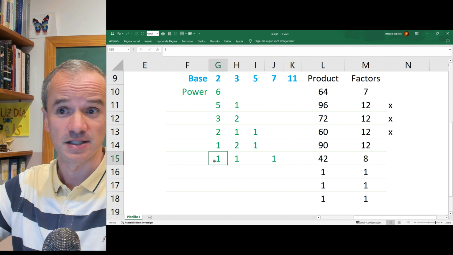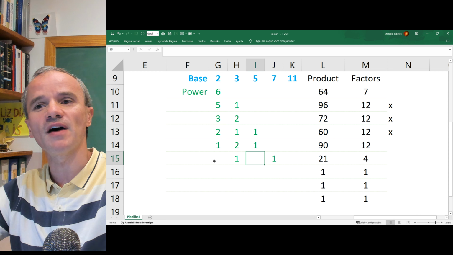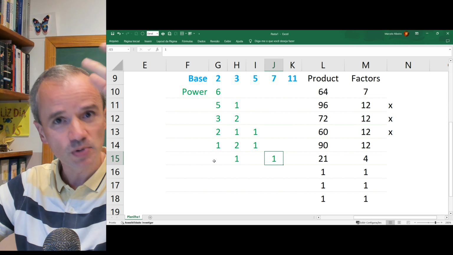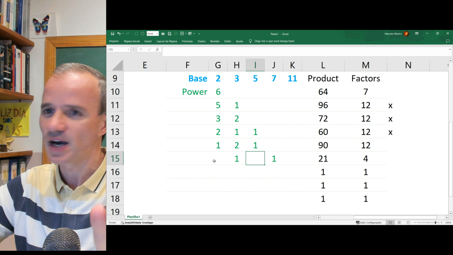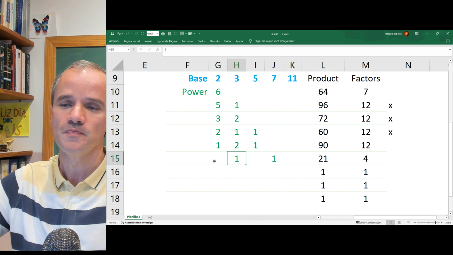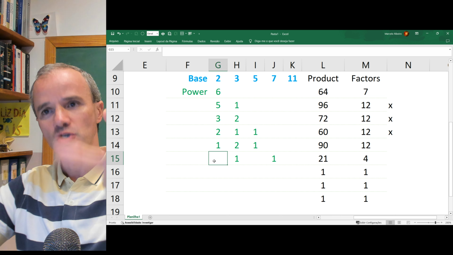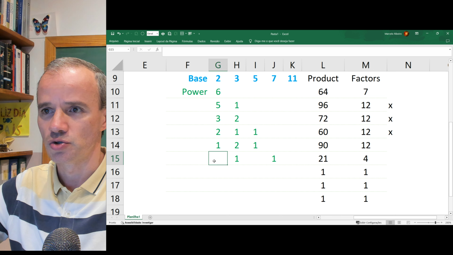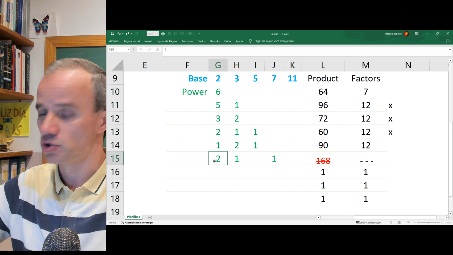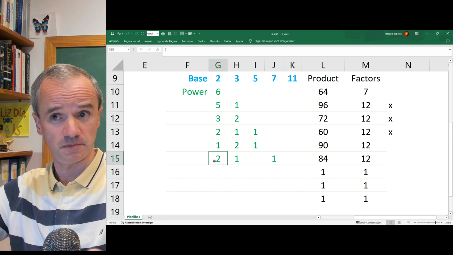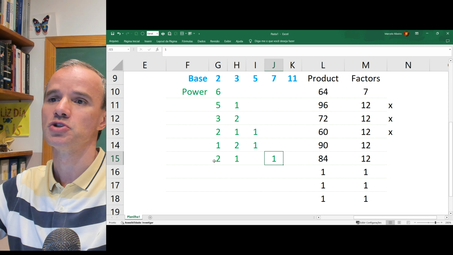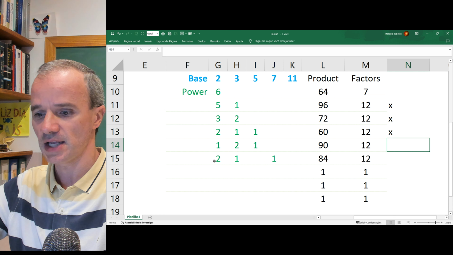Let's see. 7 and 3, you see? I had to give up the 5 because I want to bring the 7 into play, but with the 5 is too much. So I'm going to keep the 3. Now I'm going to increase the powers of 2. So 2 to the 3rd, 2 to the 2nd. Okay, interesting. You see, I cannot go any further. So also 12 factors. Let's keep it.